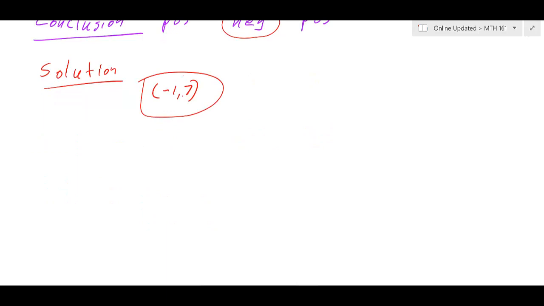Another way that we could write this solution is to look at graphing the solution. For example, if we have a number line, we could say we're looking at from negative 1 to, say, here is positive 7.